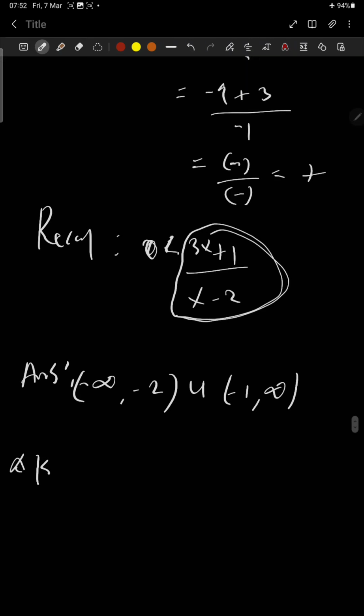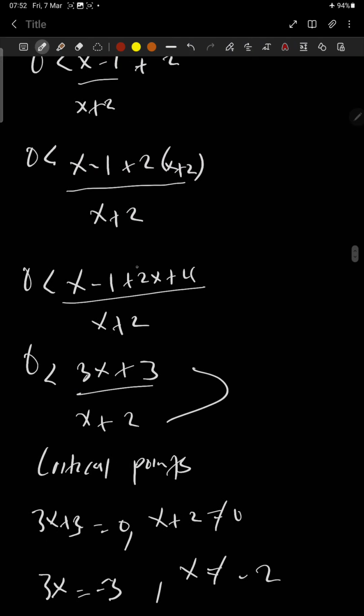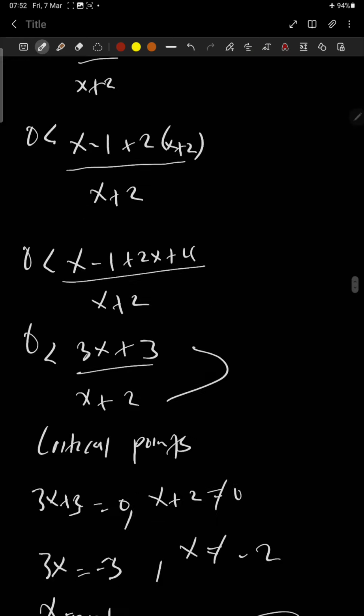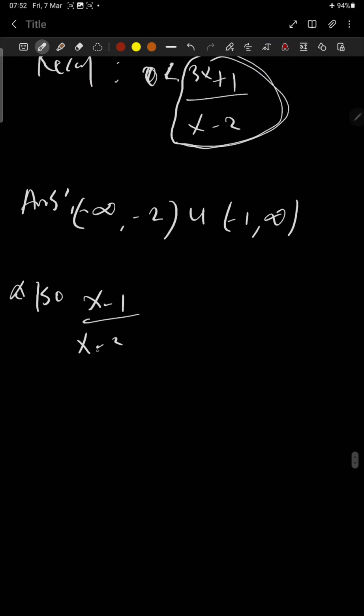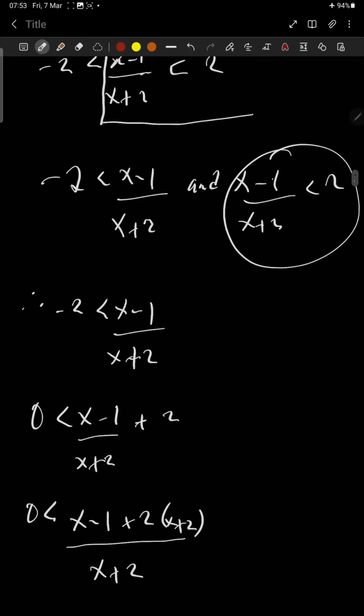Also, now you have to answer this part here. This one here, where is it? The other part. Then from the answers of both, you find an intersection. x minus 1 over x plus 2 less than 2.